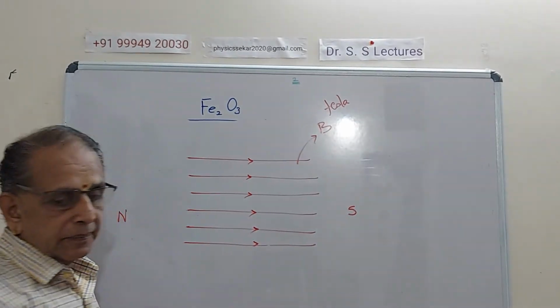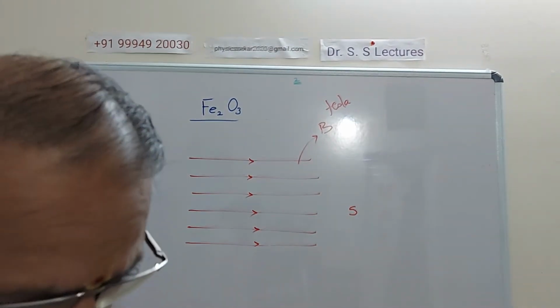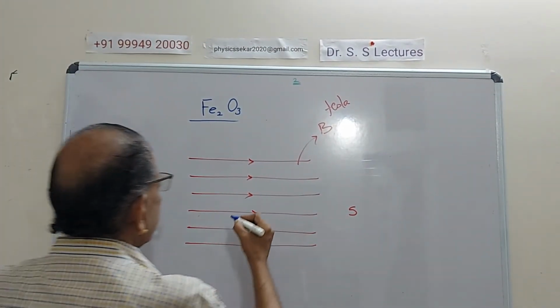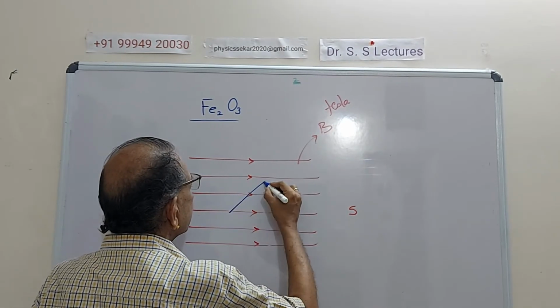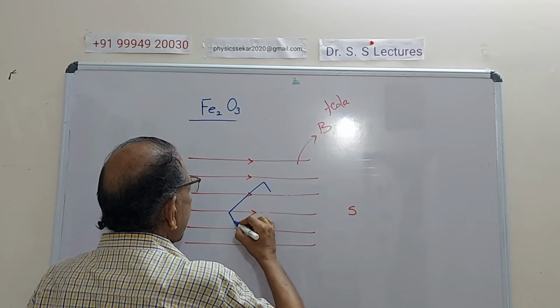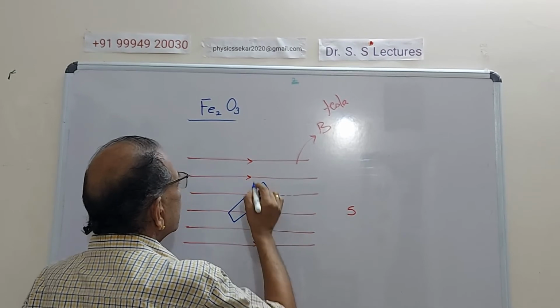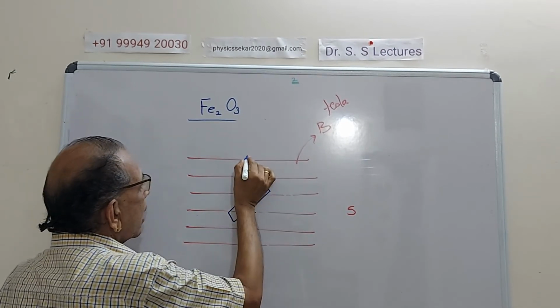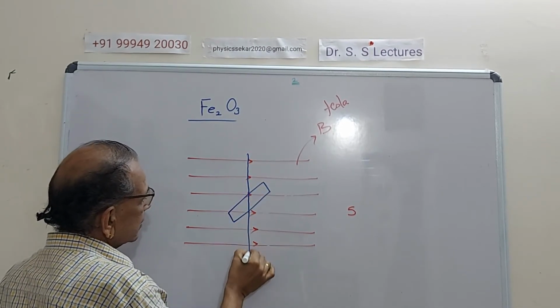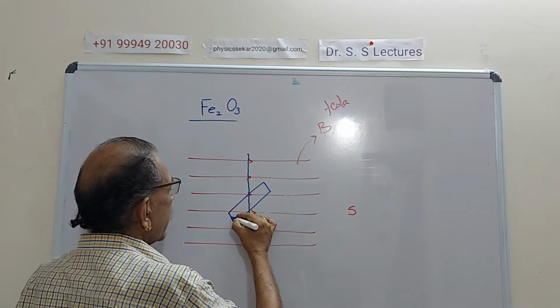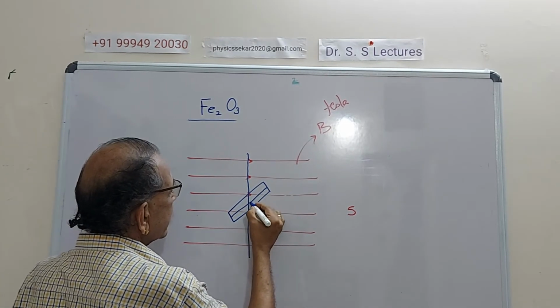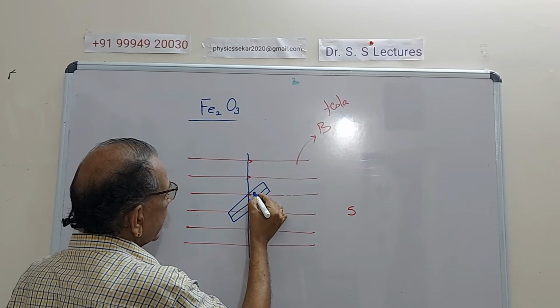Let me take that. Now, supposing I suspend a small magnet oriented at an angle theta, you see, about this axis. Now, this magnet is being suspended at an angle theta.